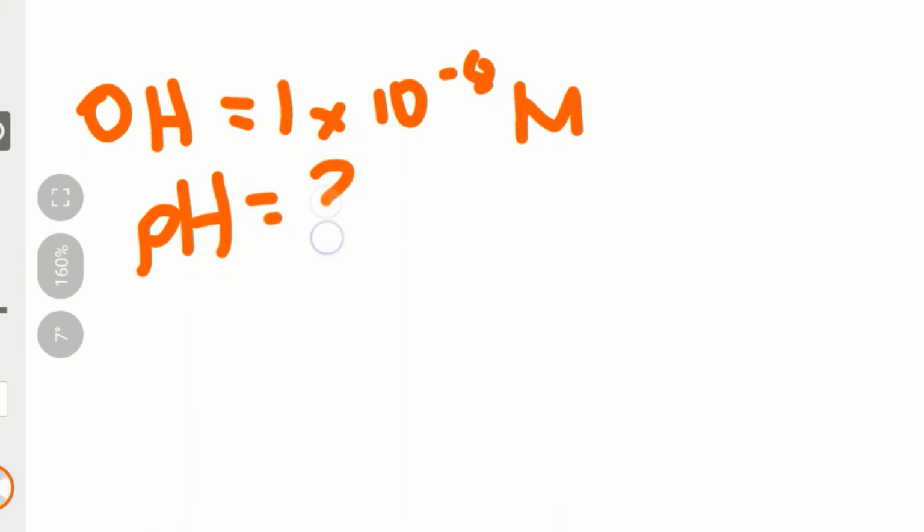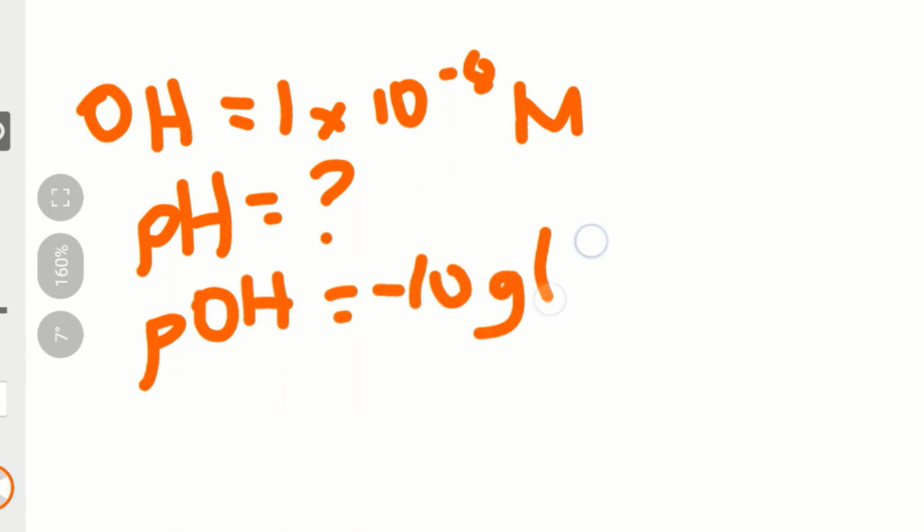For the second problem, the OH concentration is given, specifically 1 times 10 to the negative 8 molar. What is being asked in our problem is the pH. You can readily use the formula pOH is equal to negative log OH, but always mind that you will end up with pOH, not the pH.